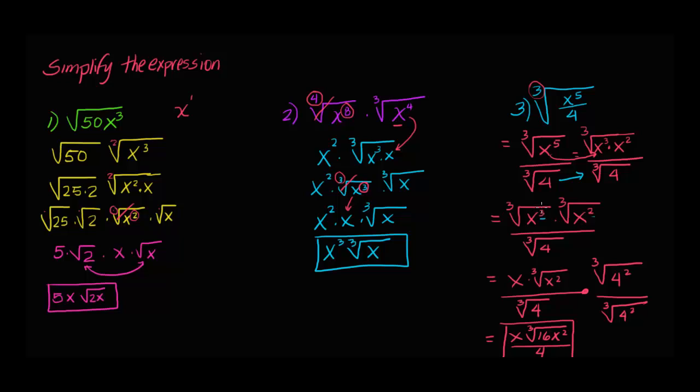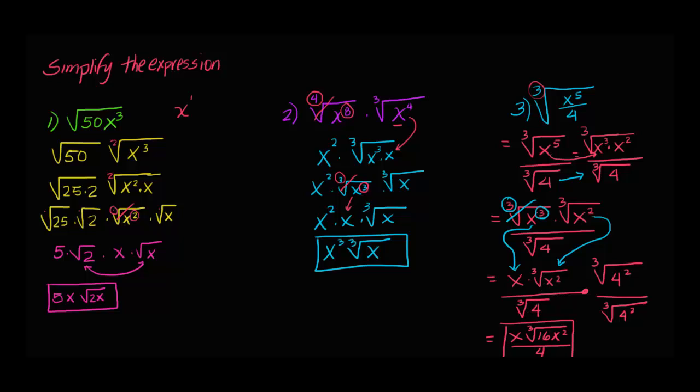Since the exponent matches the index, I can remove this radical, and what comes out is an x, and here it is right here. Here I can't do that. The exponent doesn't match the index, so I have to keep the cube root of x squared. There it is right there. And the denominator is right here. Okay, so I've kept this one intact, and the denominator also I've kept intact.